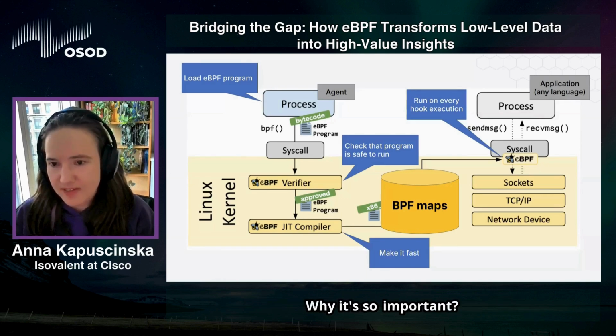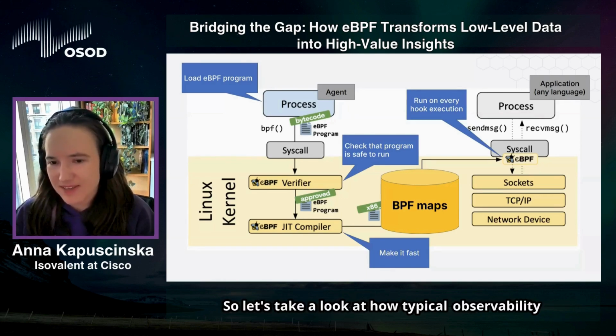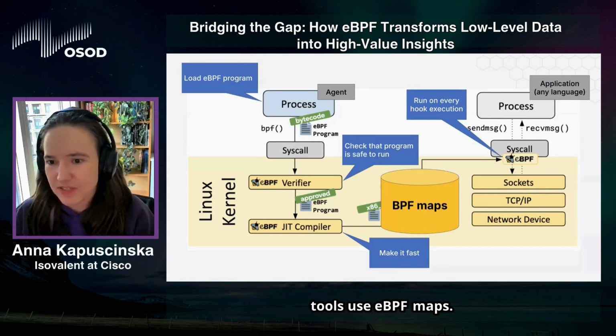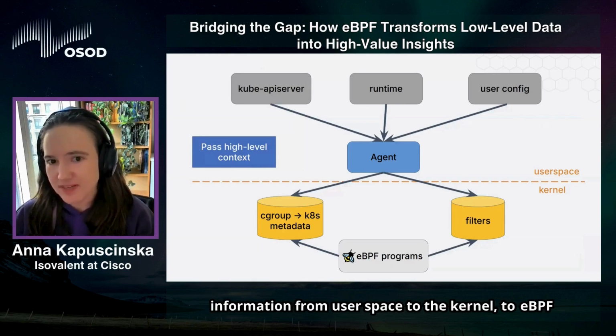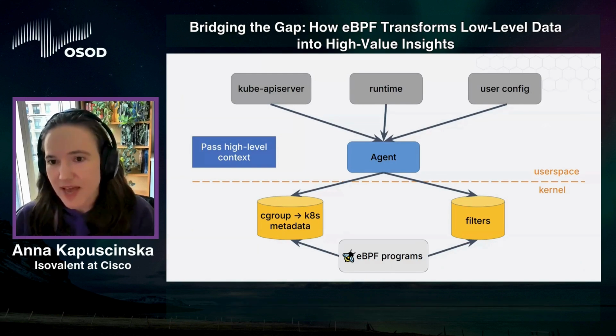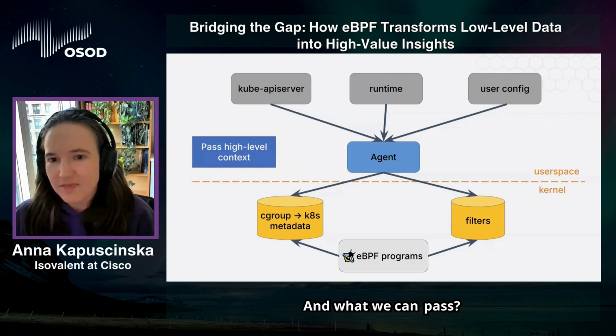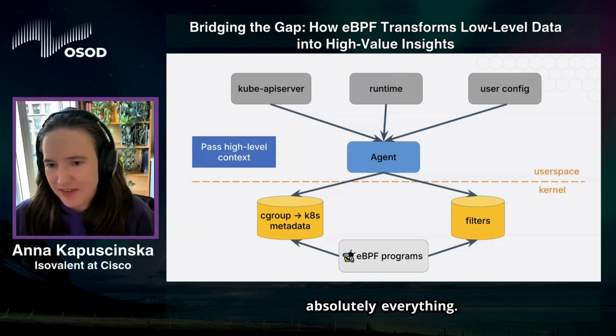Why is it so important? Let's take a look at how typical observability tools use BPF maps. The first thing is that we need to pass some information from user space to the kernel, to eBPF programs. And what we can pass is absolutely everything.